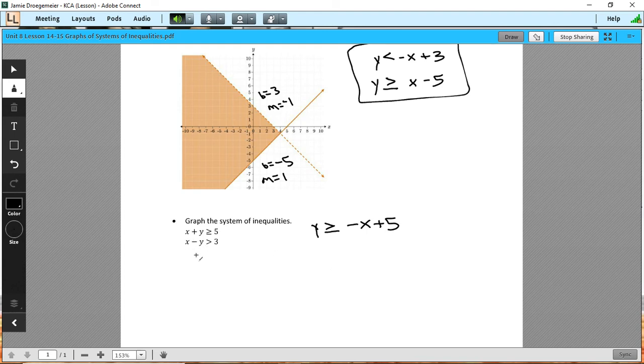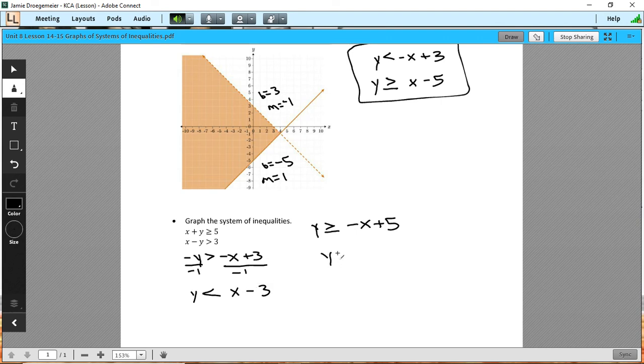And for this one, I add the x to each side. I get negative y is greater than negative x plus 3. I want to know what y is, so I have to divide everything by negative 1. When I divide by a negative, that's going to change the direction of our symbol. This becomes y is less than positive x minus 3.